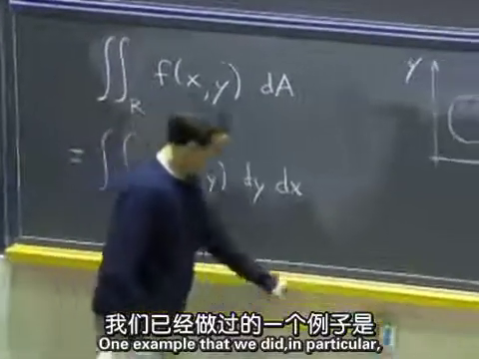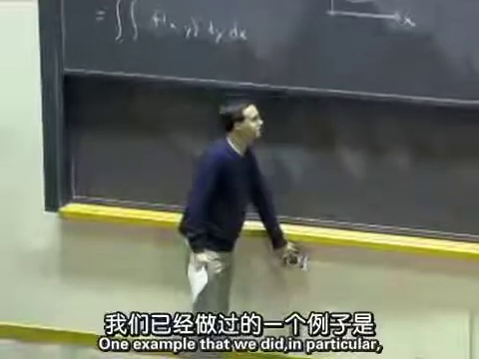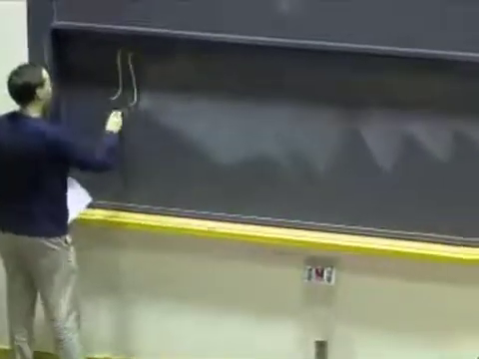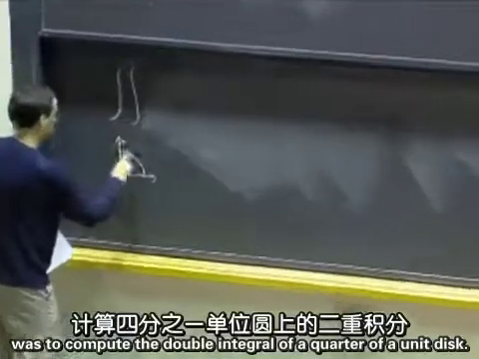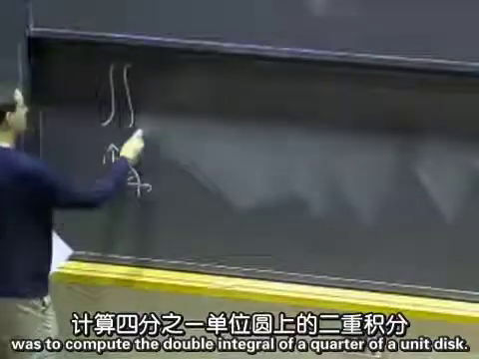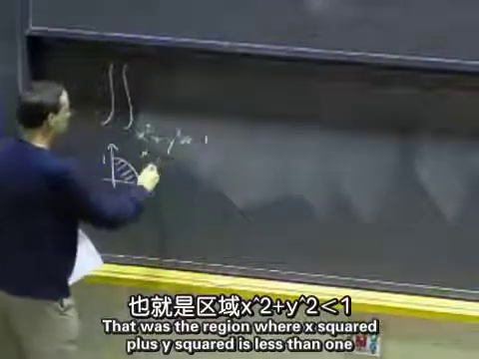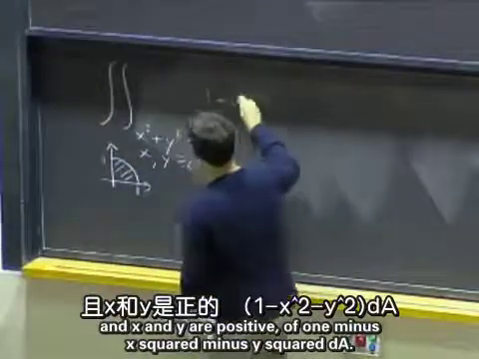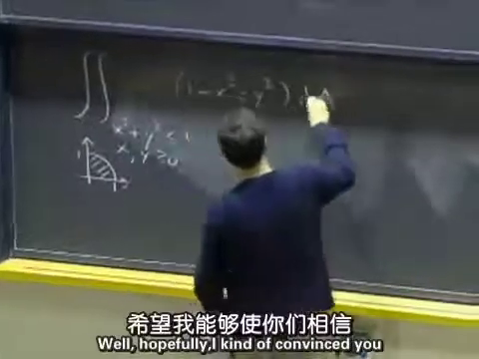So one example that we did in particular was to compute the double integral over a quarter of a unit disk. So that was the region where x squared plus y squared is less than 1, and x and y are positive, of 1 minus x squared minus y squared dA.